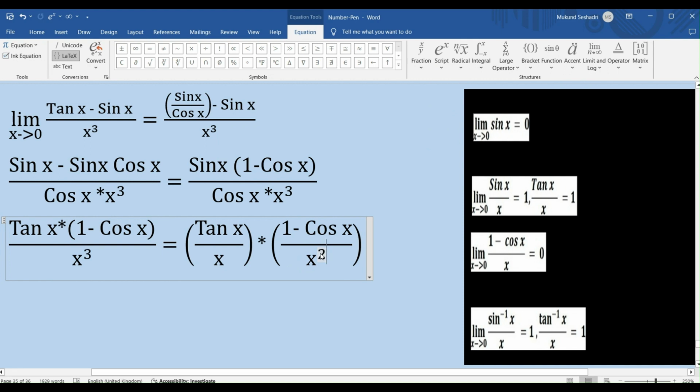All that we have done is we have written x cube as x into x square. We have combined the x part of the x cube with tan x, and we have combined the x square part of x cube with 1 minus cos x, right?